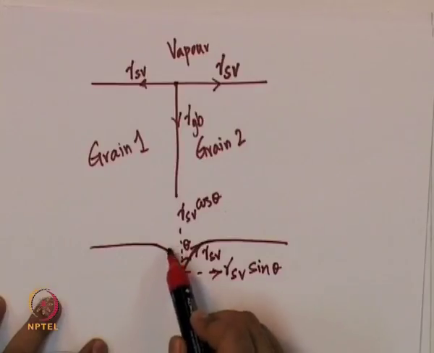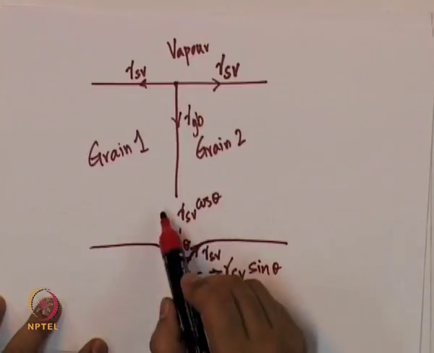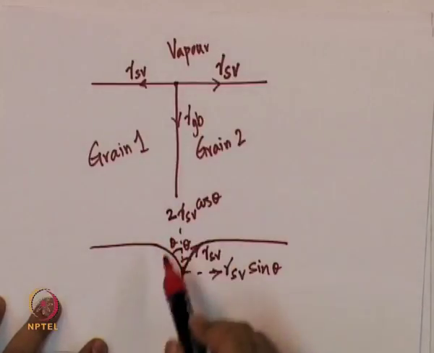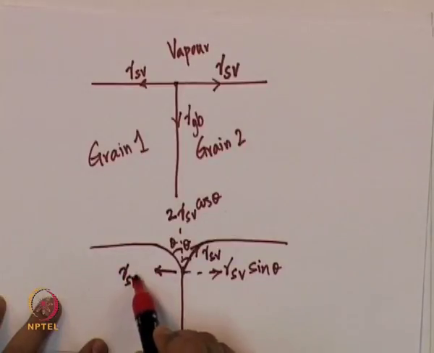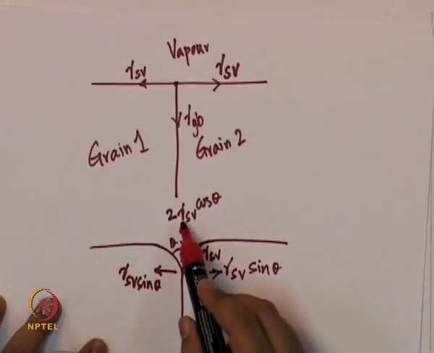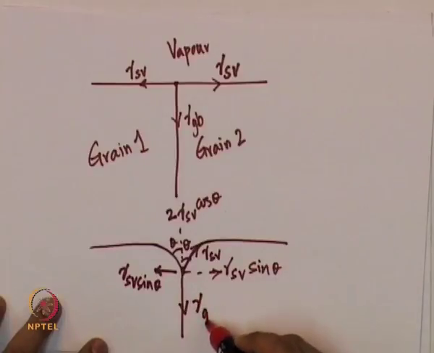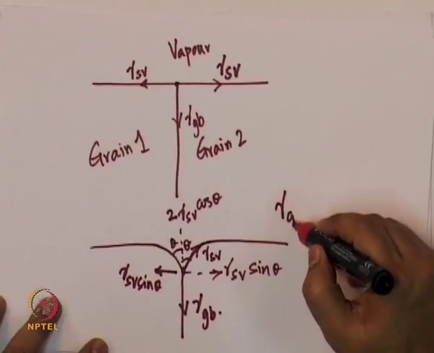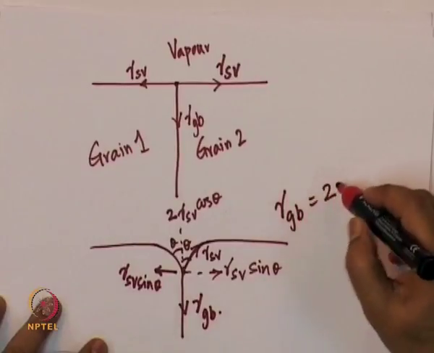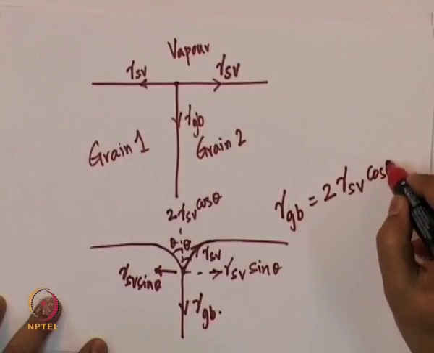Suppose we assume that this is a symmetric groove, then you will have 2 gamma SV cos theta in the perpendicular direction and this is gamma SV sin theta. Now, this 2 gamma SV cos theta can balance gamma GB. Okay. So, gamma GB is 2 gamma SV cos theta.